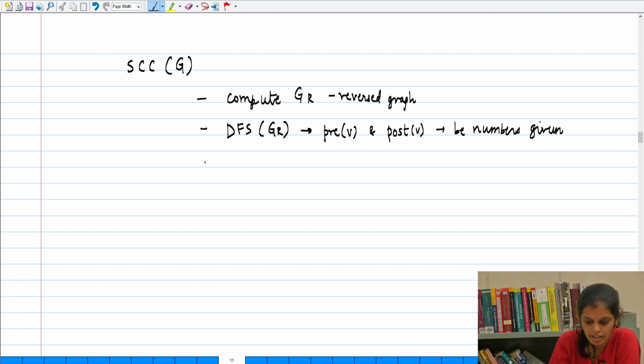to all vertices. Now we want the vertex with the maximum post visit number, right? Because we said that that vertex is going to belong to a source strongly connected component of the graph GR.